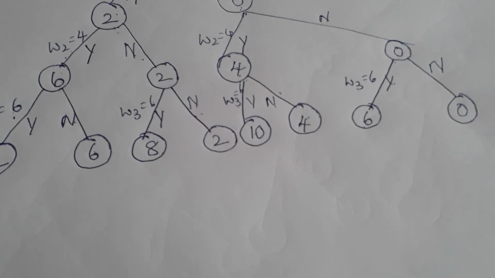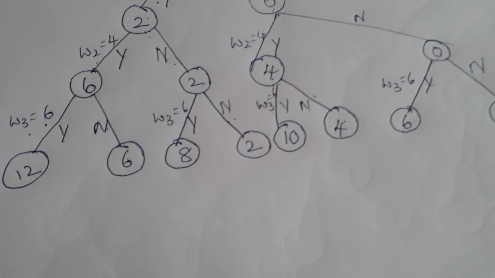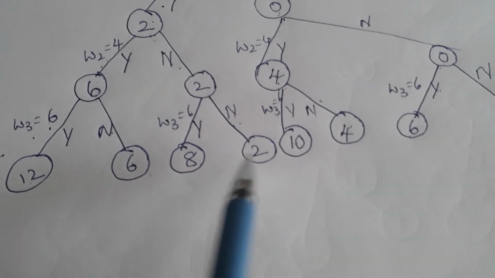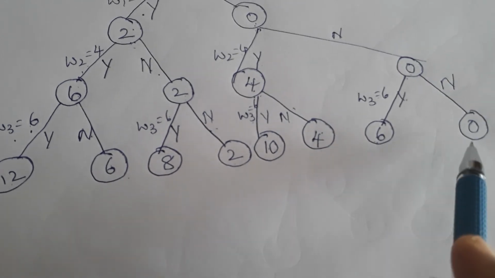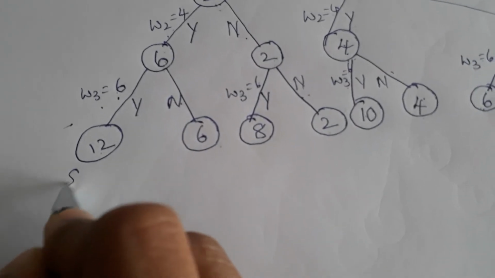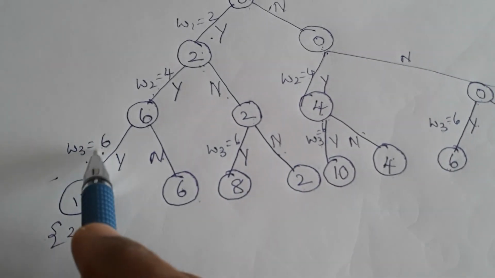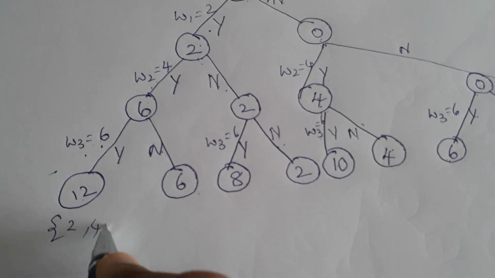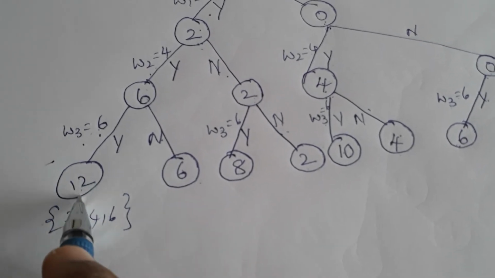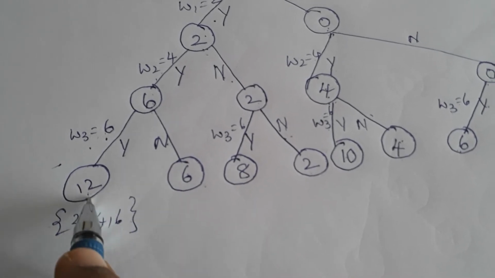After constructing the state space tree, we can observe that all the leaves in the tree give the sums of the various subsets formed from the given set. Here the subset used is 2, 4 and 6. So the leaf with the label 12 represents the sum of the subset 2 plus 4 plus 6, that is 12.